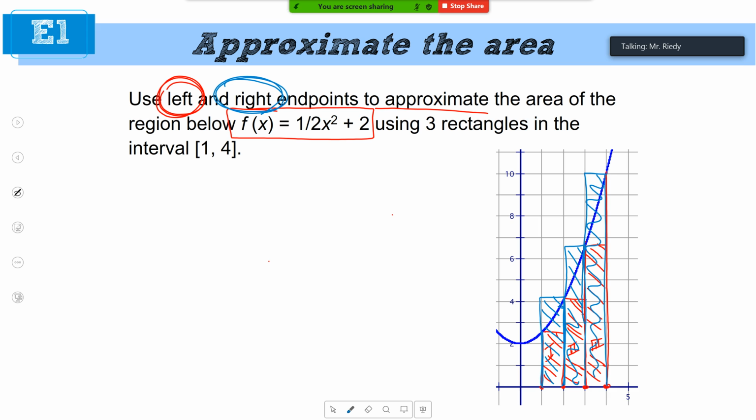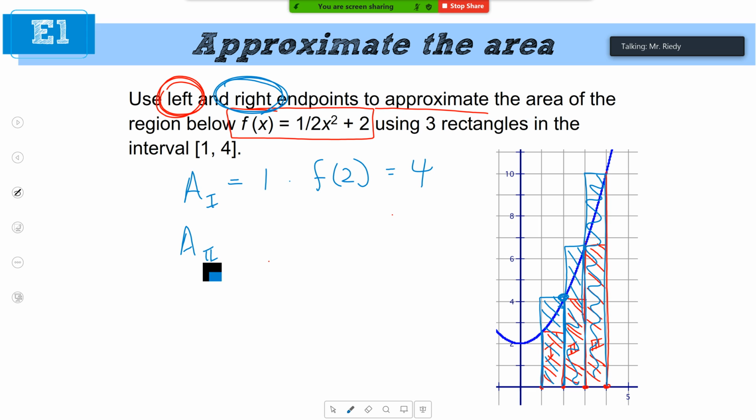Before I even do the calculations, overestimate or underestimate? Overestimate, good. Okay, so rectangle number 1 here still has a width of 1 times, how did I get the height of this first rectangle? It's f of 2, which we did already, right? 2 squared is 4.